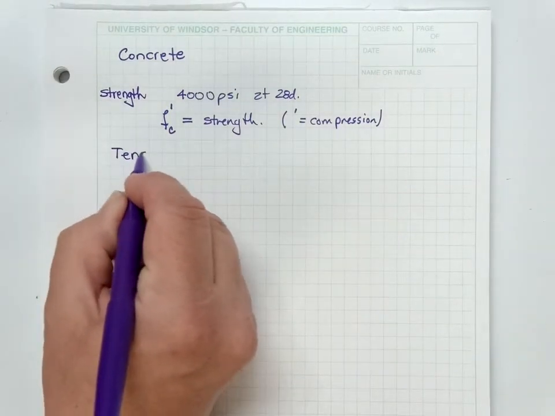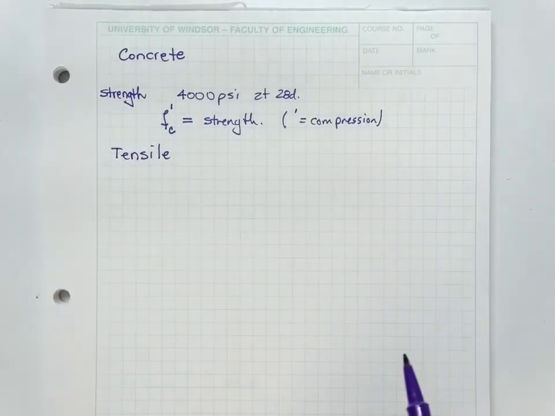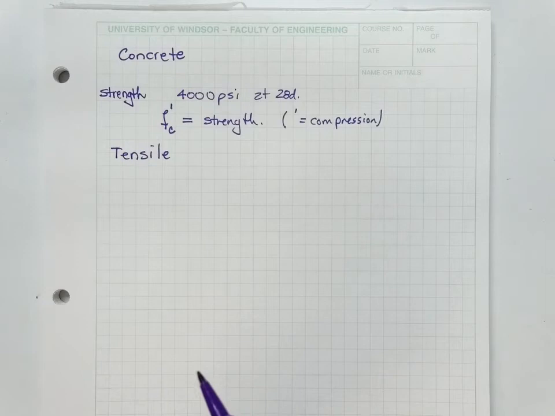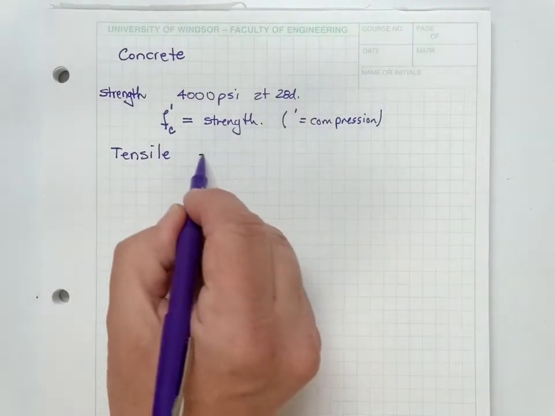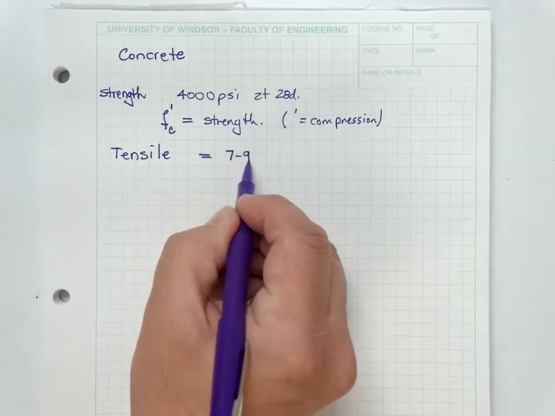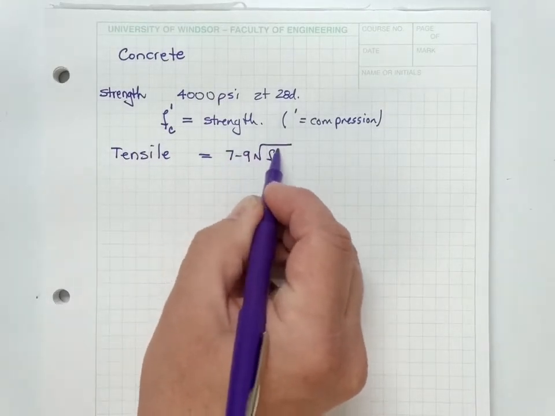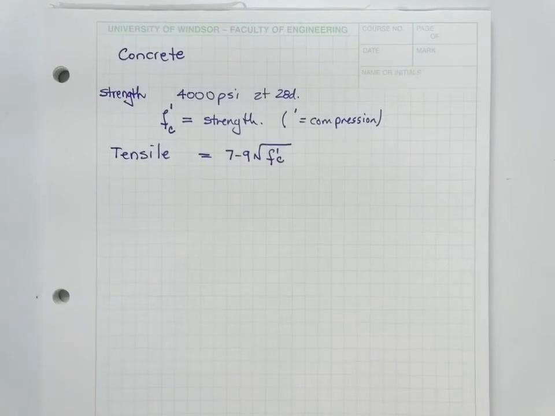Now, if we're looking at steel, we don't worry, right? Tensile strength, compressive strength, it's all the same thing if you're steel. But when you concrete, you suck in tension.